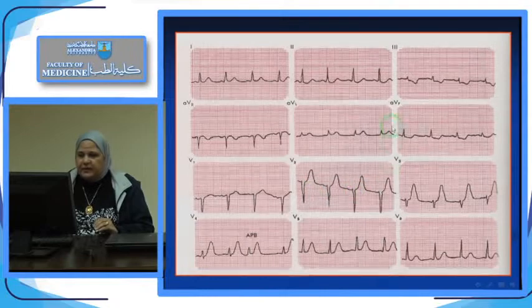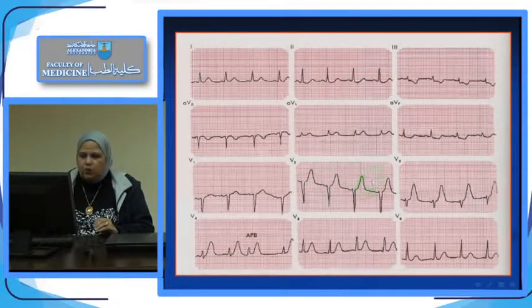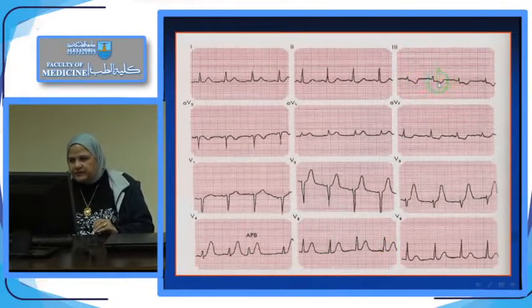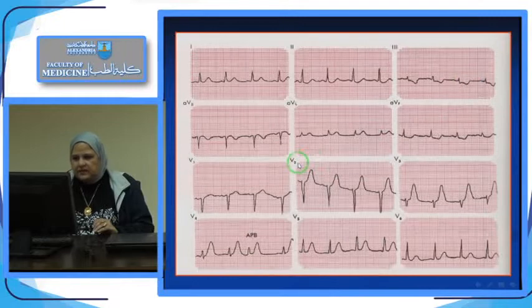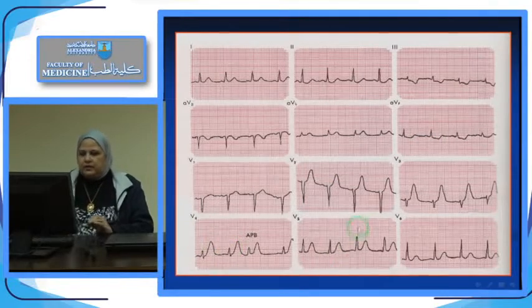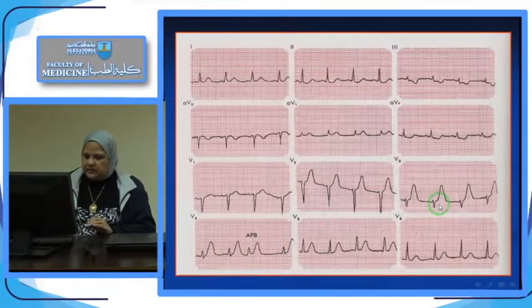But in case of hyperkalemia, we see diffuse hyperacute T and not localized to certain leads. Plus some ischemic changes are present in the inferior leads, lead 3, as well as lead AVF, infero-anterior ischemic changes.